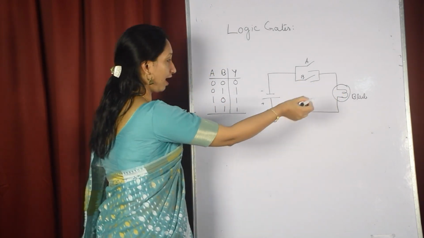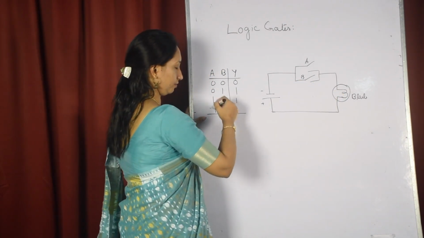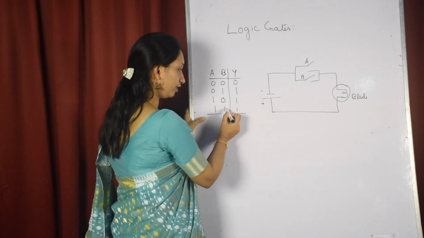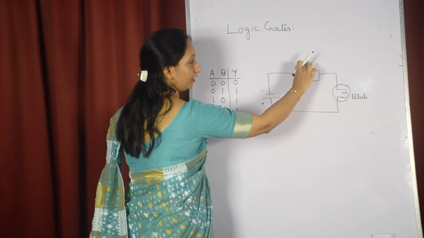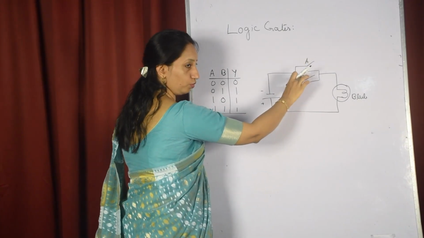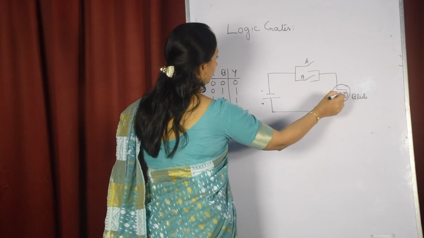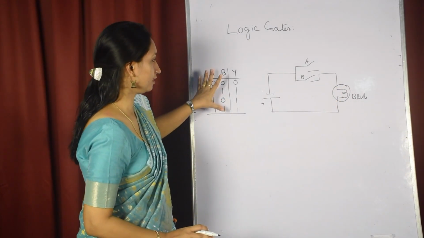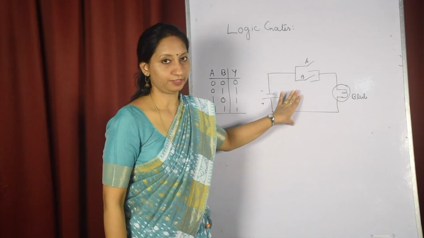That means the output is high. So this logic truth table can be represented with this circuit. Then when both the inputs are 1, that means both the A and B switches are closed, then current will flow and the bulb will glow. So the logic of the OR gate is represented by this circuit.